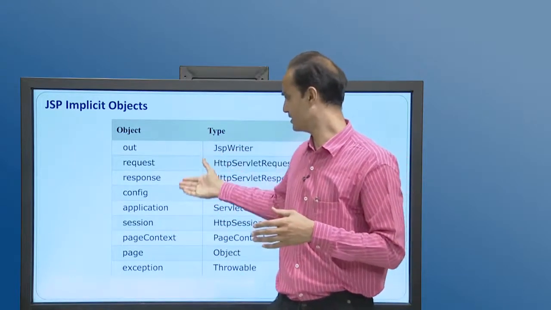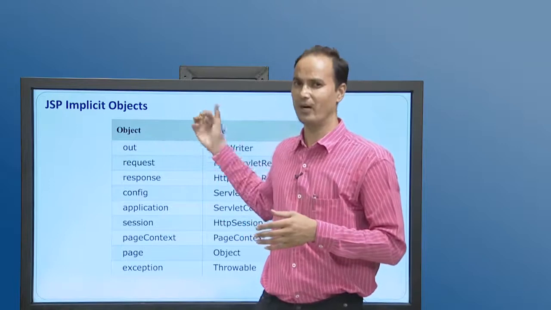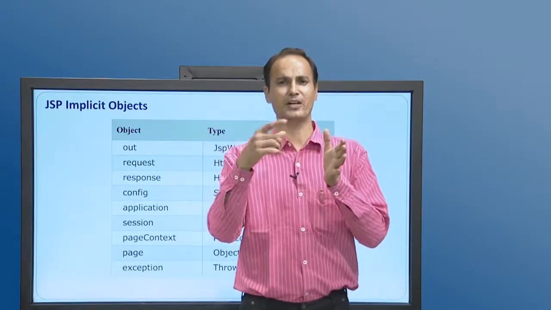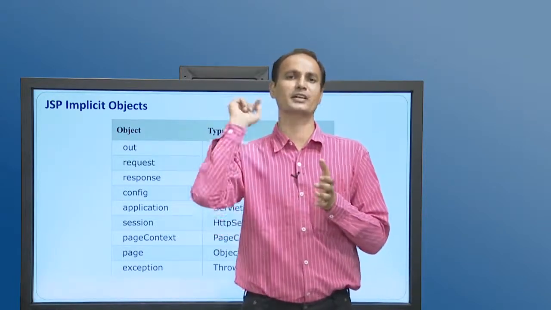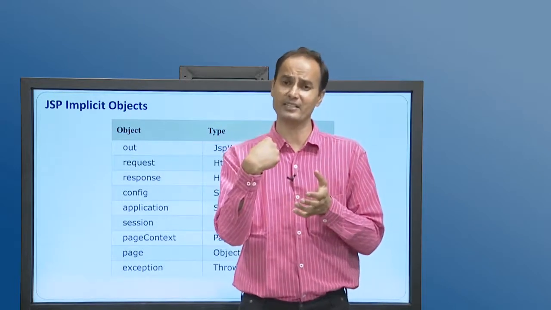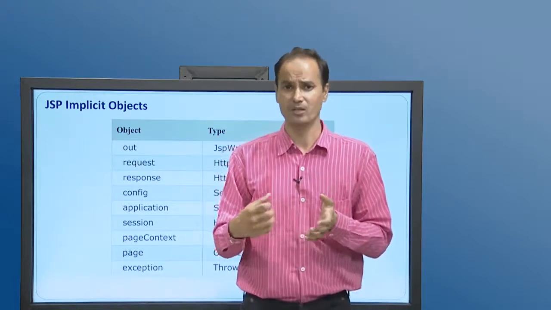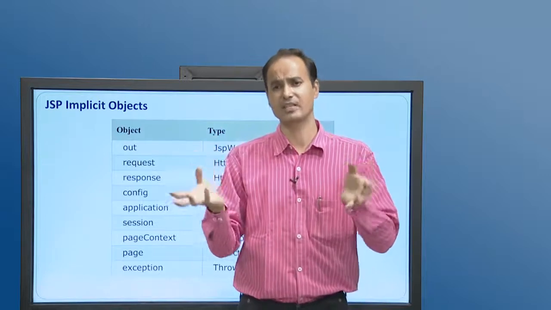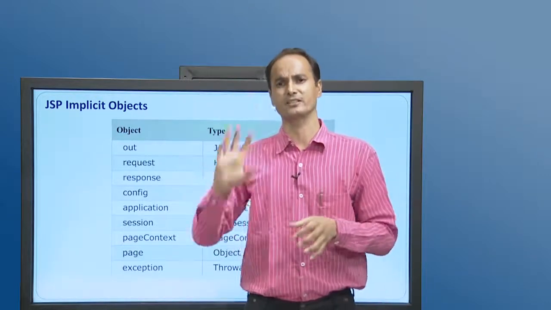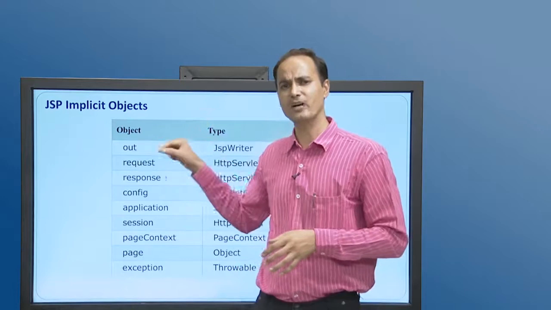Apart from request and response, there is an out object. In a servlet, we were using PrintWriter out equal to response.getWriter. We are getting the PrintWriter instance using the getWriter method, but here we do not need to write these things. We can directly write the out object and print the statement with out.println.